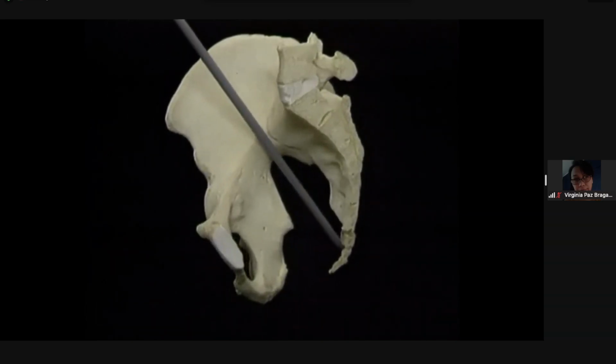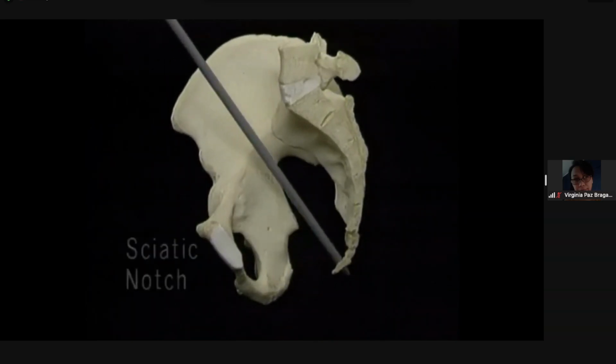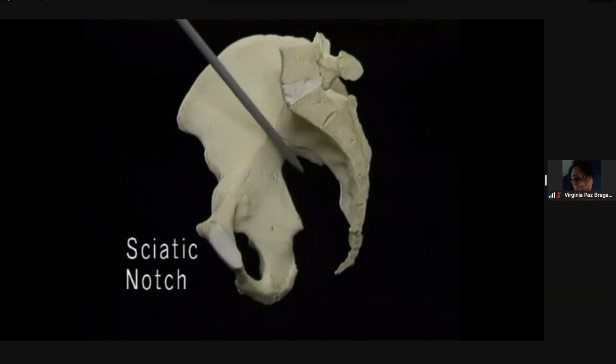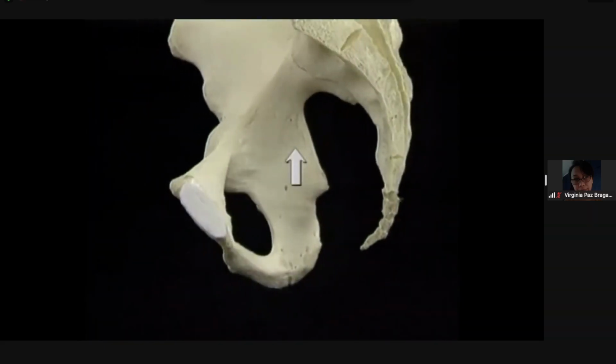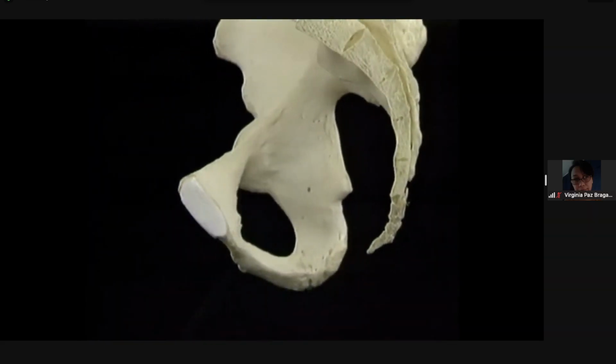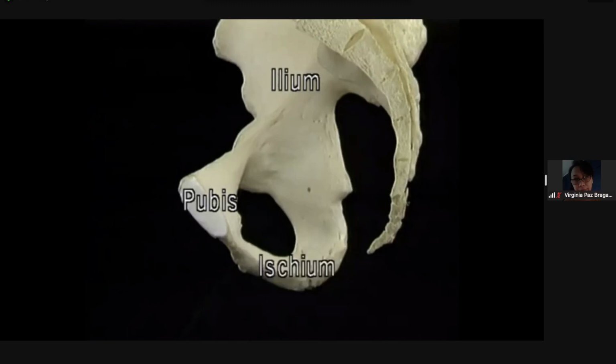This big gap between the sacrum and the hip bone is called the sciatic notch. It's bridged by 2 major ligaments, as we'll see shortly. Now, we'll look at some details of the hip bone. This massively thick part of the hip bone is formed by the fusion of the ilium, the pubis, and the ischium.